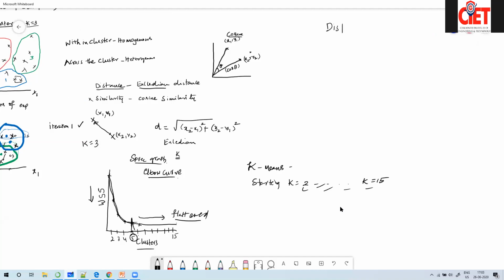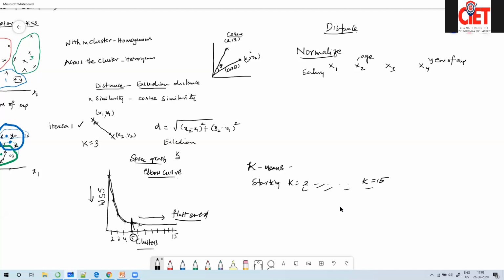So whenever we are using any distance or similarity metrics, we need to normalize the data. So what is normalization? So x1, x2, x3, x4, let's say x1 is salary and x2 is age and x3 is years of experience.